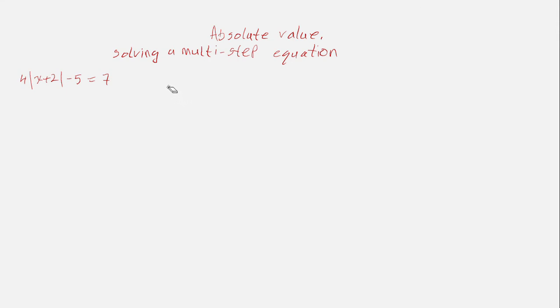As mentioned in the previous video, to solve the absolute value equation, the first step would be to make the absolute value term by itself on one side. So that means that we need to move everything else to the other side of the equal sign. So negative 5 needs to go and the 4 needs to go.